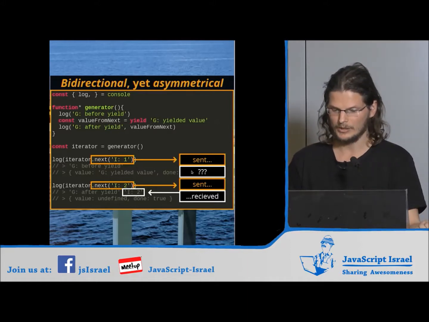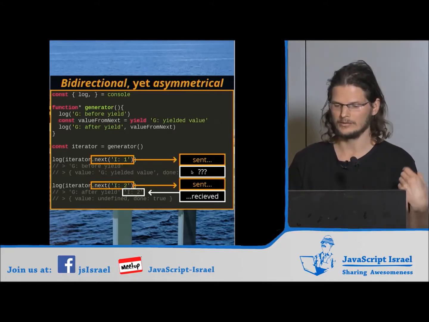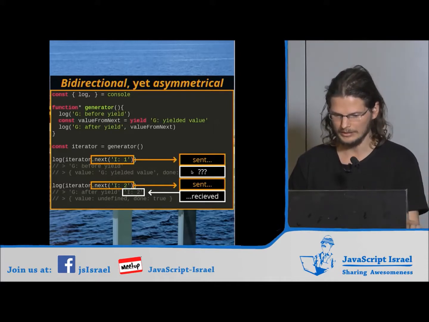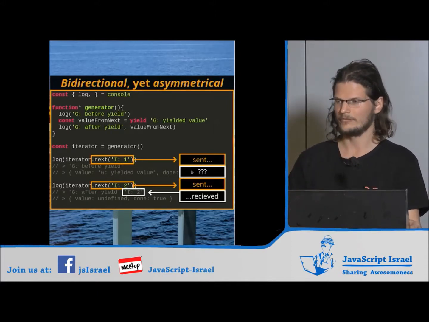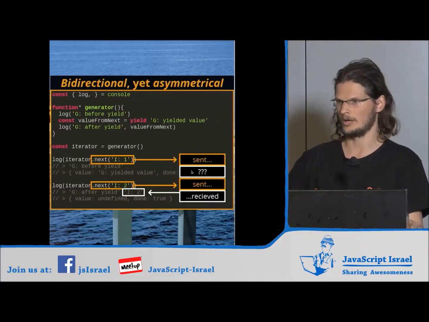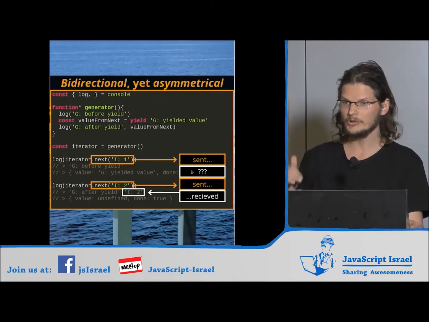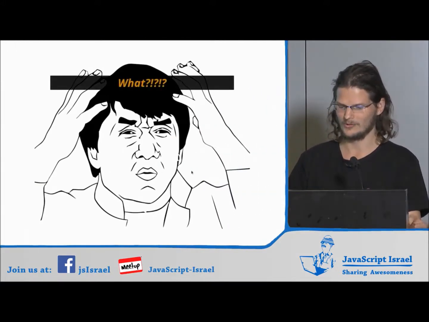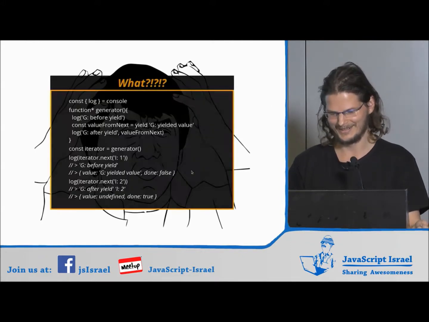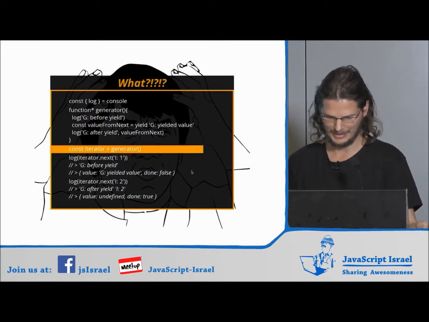And this goes back to how yield works. So yield executes the generator from where it is currently paused and up to and including the yield itself, okay? And this broke my head.